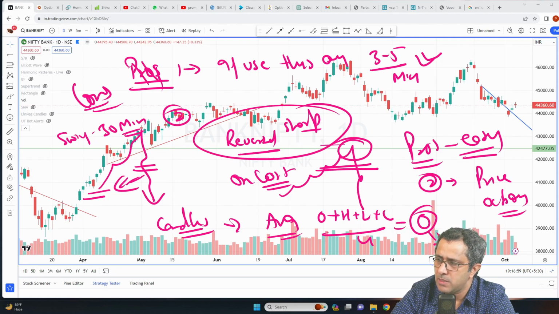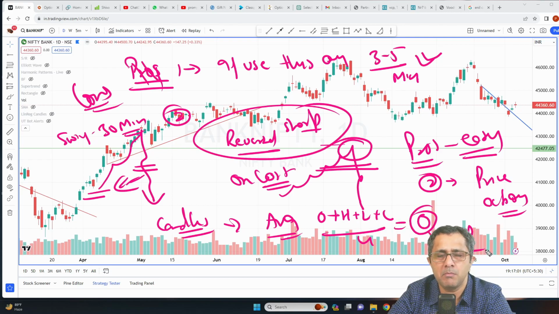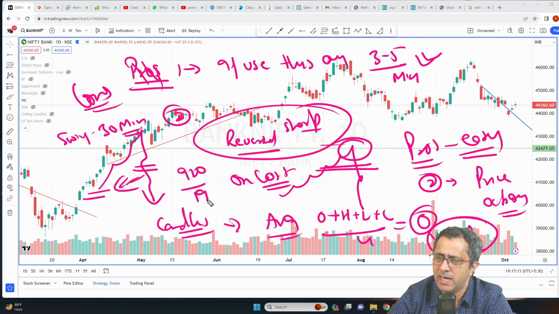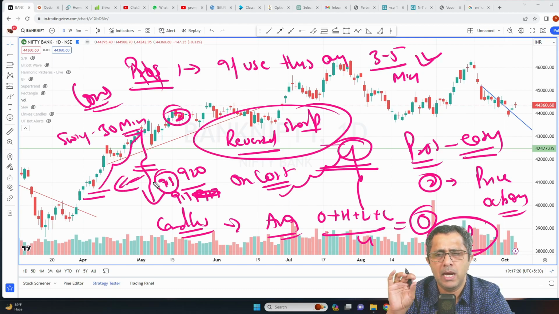So this will come as the current market price. It might be an average, so maybe that stock might be trading at 920 and you might see 917 or 918. It is quite possible, and you do not have to worry about that, because we have already tested this current setup.